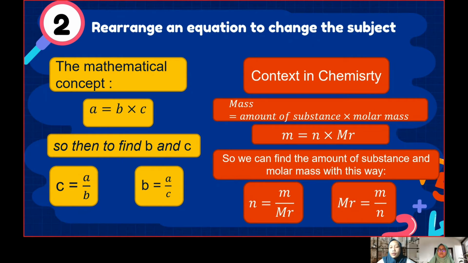So M equals N times MR. So to find the value of N, or amount of substance, it is equal to M, or mass, over molar mass, or MR. And then how about to find the MR? To find the MR, we can use this formula: MR equals M, or mass, over N, or amount of substance.